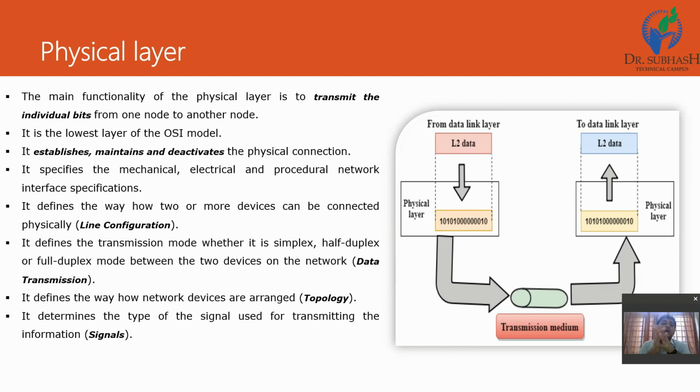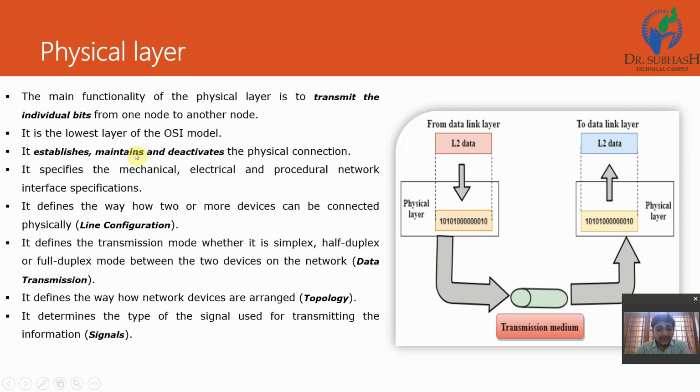So what exactly is the physical layer? It transmits individual bits from one node to another node. It works on bits. Remember it, the physical layer works with bits.